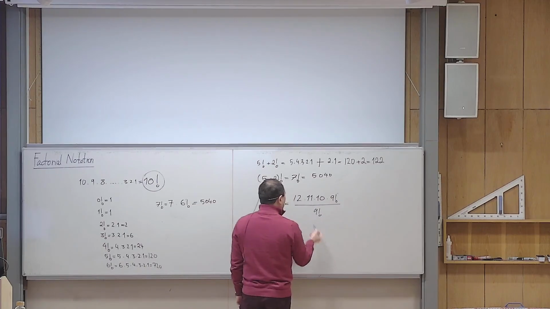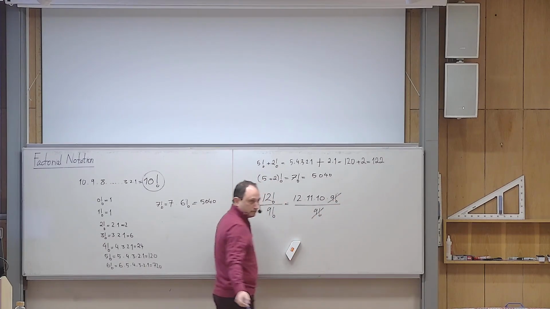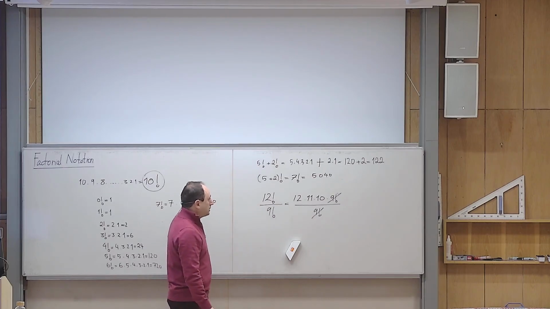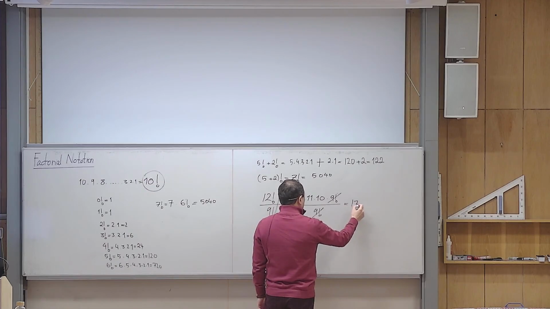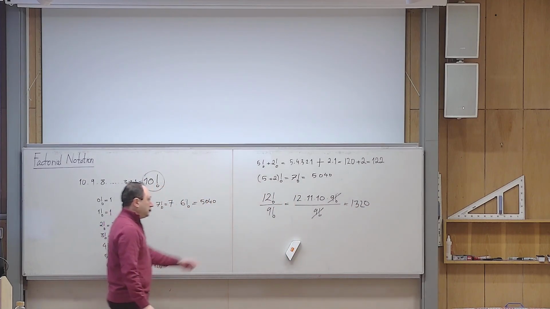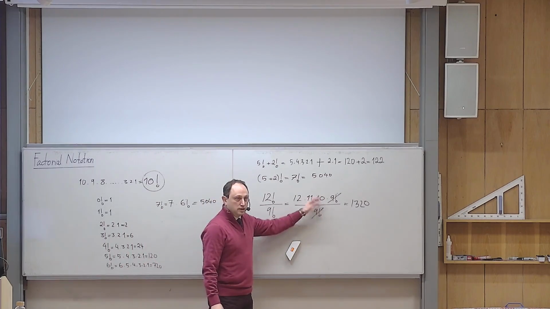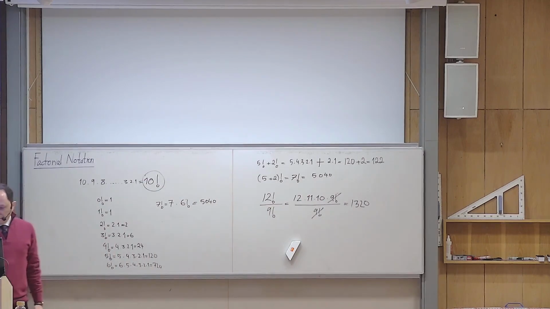Then whatever 9 factorial is, I don't care, because now it is simple. Cancelled out. And then I will get this number, I think 1320. But if I didn't want to simplify this, it would actually be a very hard problem.